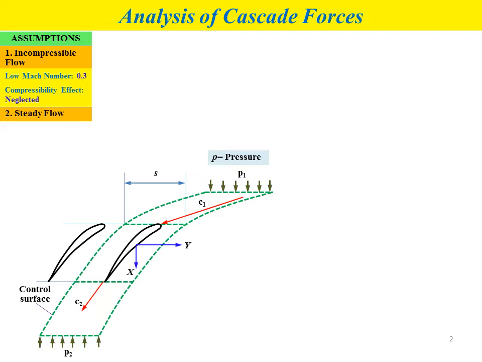However, the X force direction is in the vertical direction. Now we will explain why the directions of Y force and X force are as shown in the slide. Y and X are referred to as the applied force per unit depth.